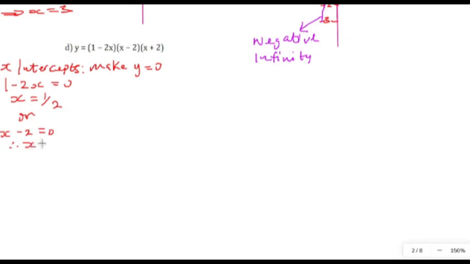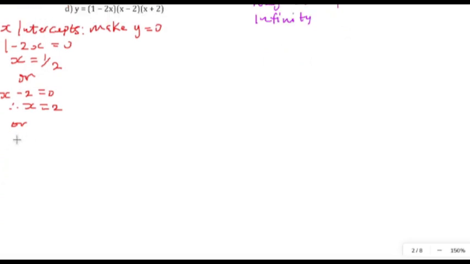So this gives me x equals 2. Then lastly, we have x plus 2 equals 0. So therefore x equals minus 2. These are the intercepts for x.